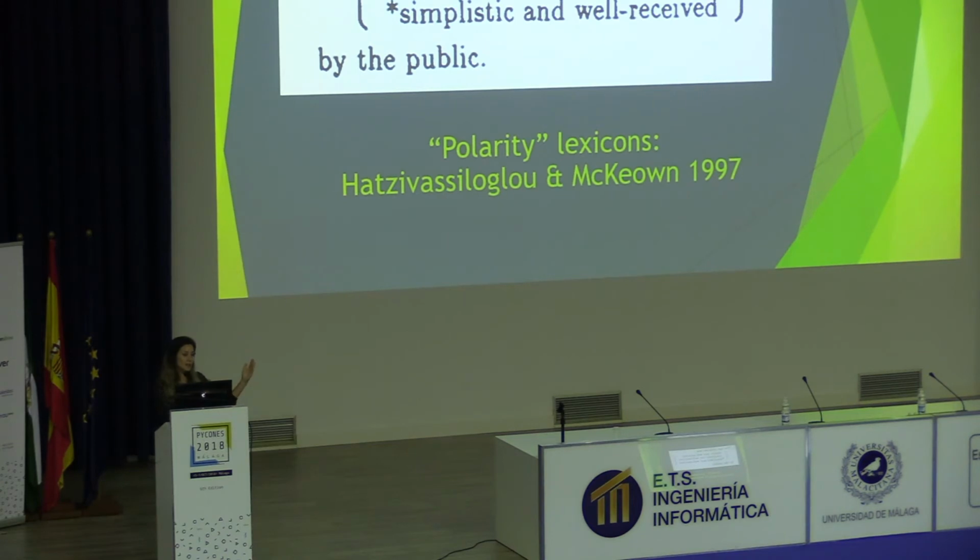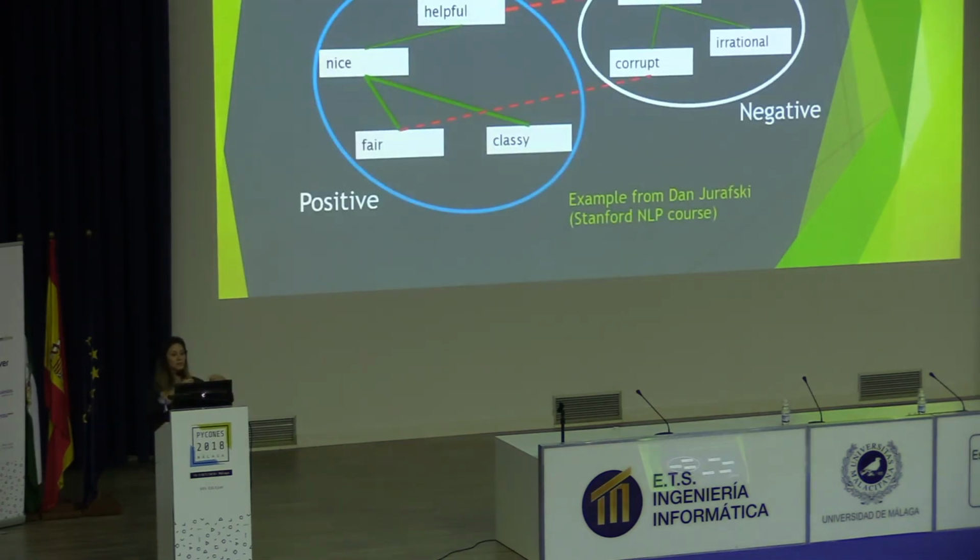In this case, it could be positive. But if you have simplistic but well-received, you will consider them contrary words. So you will put one in one group and the other one in the next group. And somehow you can group the words together in different groups more or less automatically. You will need a very small lexicon to start with because you need something to compare your text to.